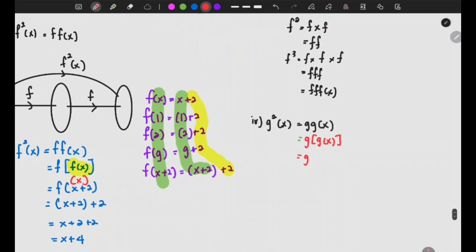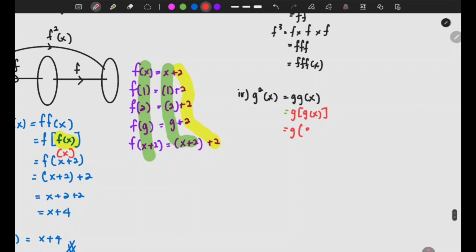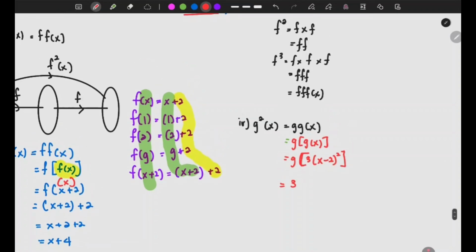And then again g(x). So 3, my x only is different. Remember I told you this one, assume it's like your x. The changing part is only at the x. So same thing. Your x is now (3x minus 2) squared. And then minus 2, squared.